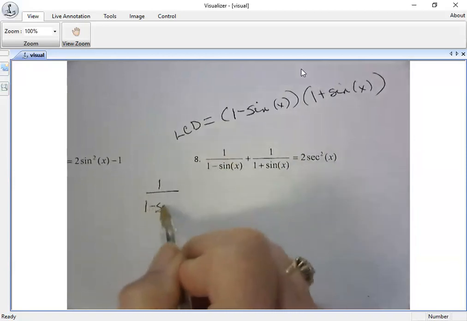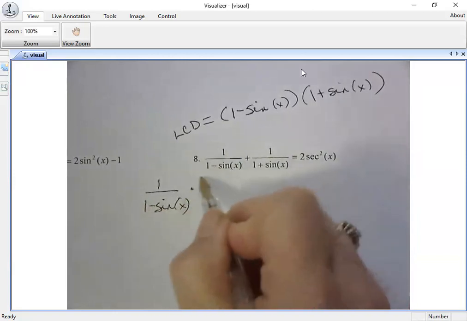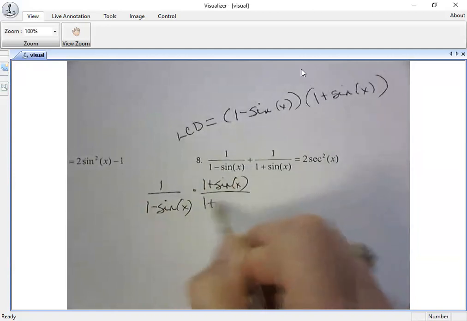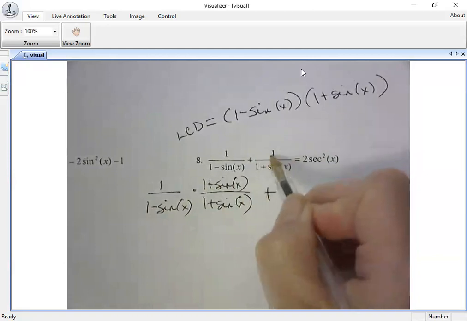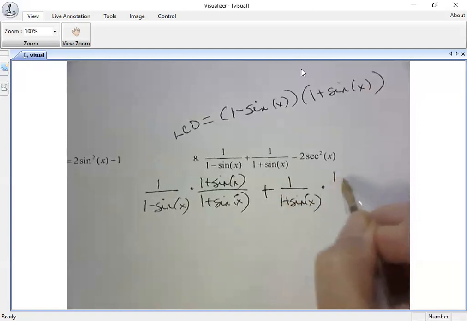Which part do I not have? 1 plus sine of x. Good. So I'm going to multiply that times 1 plus sine of x over 1 plus sine of x. Then this second fraction doesn't have which part? 1 minus sine of x. Good. So let's multiply that by 1 minus sine of x over 1 minus sine of x.